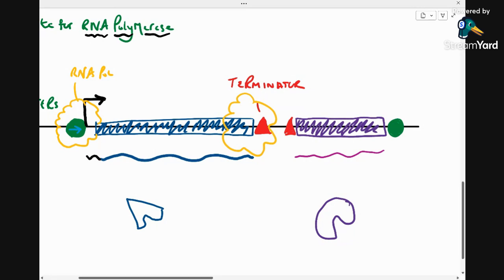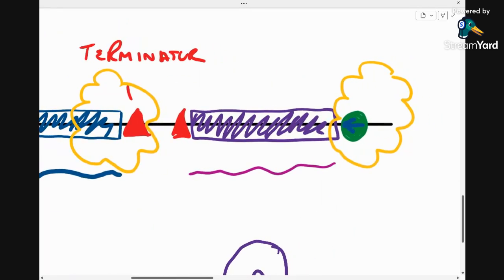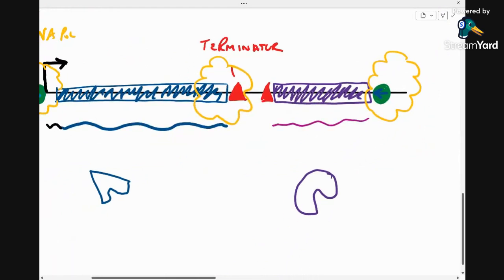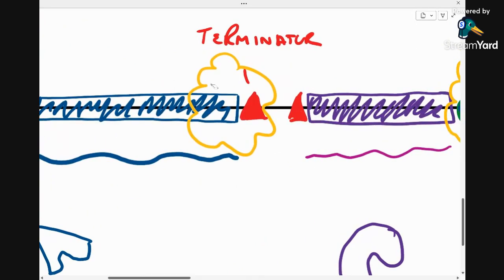And of course, the RNA polymerase would be recruited to the promoter here, and the promoter would contain the information saying, go transcribe me this way. So the product would still be made, the pre-mRNA would still be made, and when the RNA polymerase reaches the end here, oops, wrong color, reaches the terminator, it then falls off again.